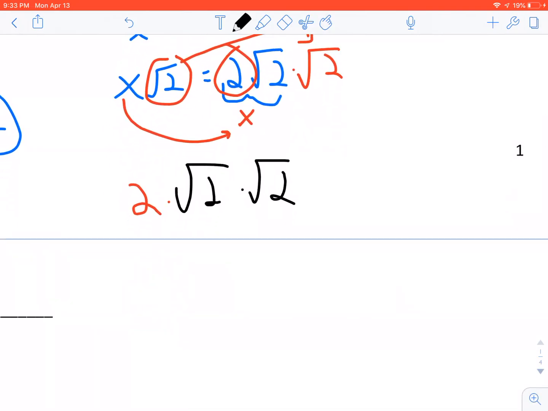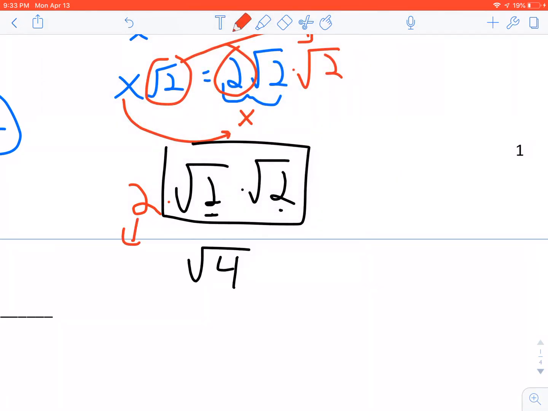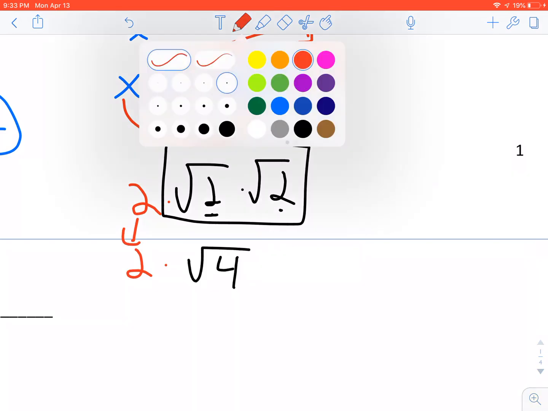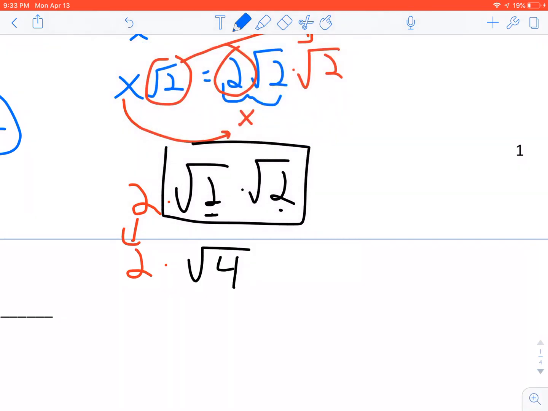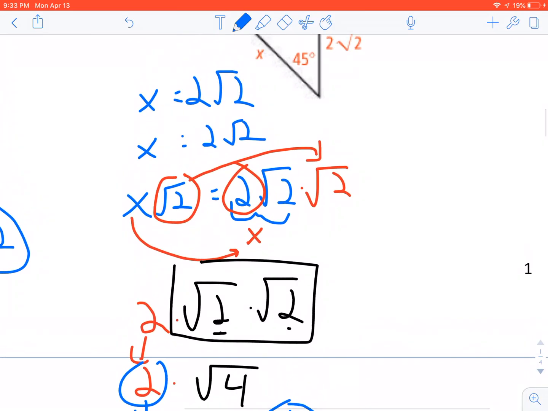When you perform this, radical 2 times radical 2 is radical 2 times 2, which is 4. And this 2 plops straight down. And everything's being multiplied together, so you can rearrange the order however you see fit. Okay, but the square root of 4 is 2. And again, this 2 is going to drop straight down, and you have 2 times 2, which is 4, which is your answer for your hypotenuse.